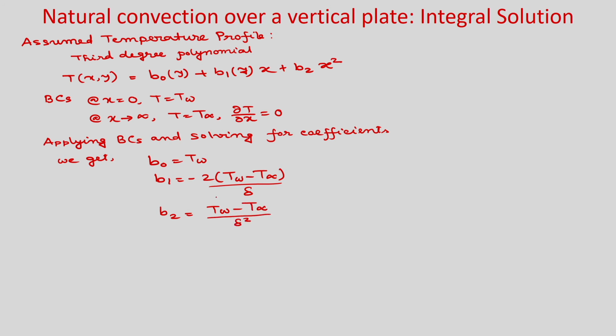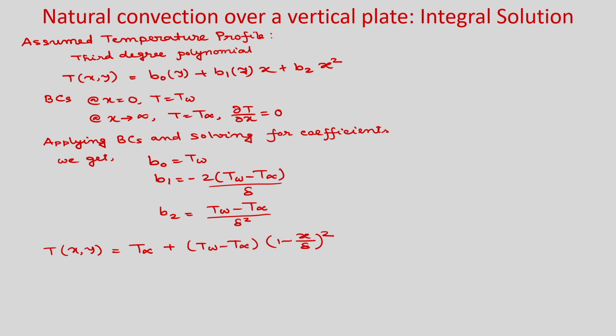Okay. So, if you put these values in the assumed temperature profile, then you will get T(x,y) is equal to T infinity plus (T w minus T infinity) (1 minus x by delta) square.